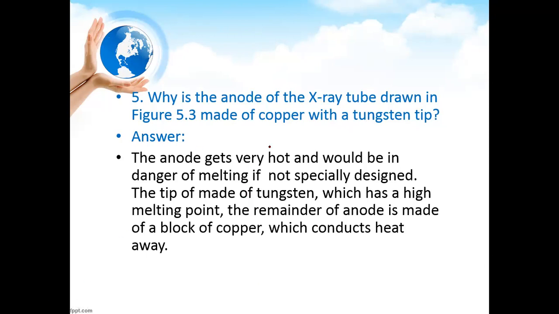Since they have a high speed, they make the anode hotter. If the object doesn't have any resistance to this heat, what's going to happen to it? It's going to melt. So in order to prevent this, we use a tungsten tip, because tungsten, remember, has a very high melting point.